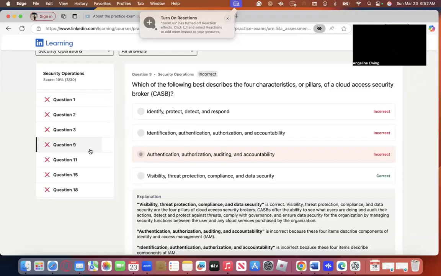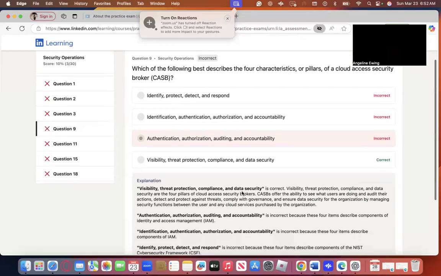Which of the following best describes the four characteristics or pillars of a cloud access security broker, CASB? Visibility, threat protection, compliance, and data security. Visibility, threat protection, compliance, and data security are the four pillars of a Cloud Access Security Broker.